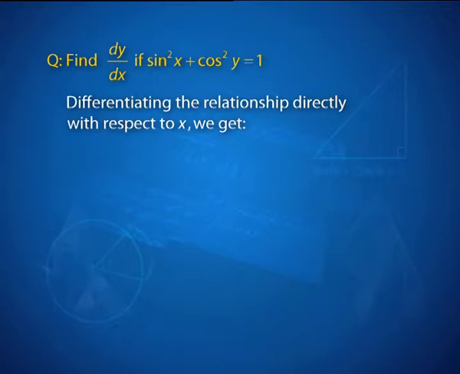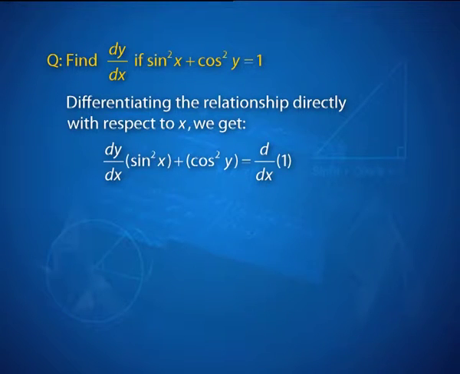Let us demonstrate. Differentiate the relation with respect to x, we get derivative of sine square x plus derivative of cos square y equal to derivative of 1. So, we are differentiating both sides of the given expression. Derivative of sine square x is not a problem, but note that cos square of y is present, not x. So, this is where you have to watch out.